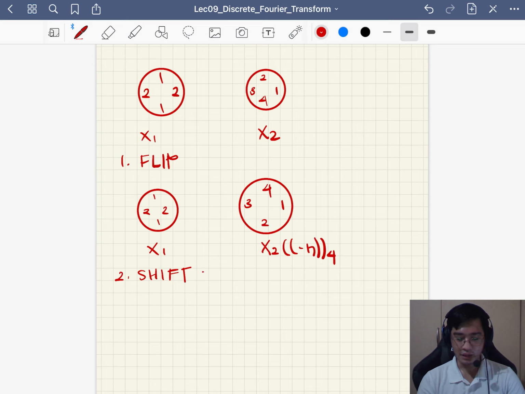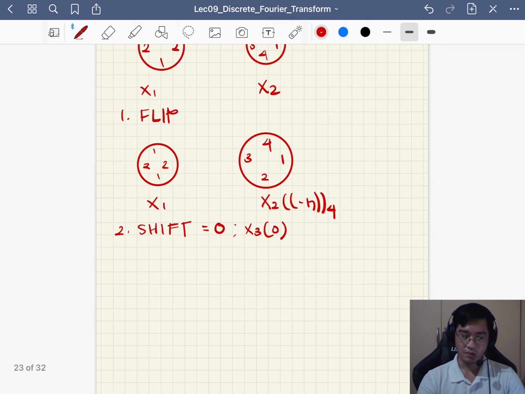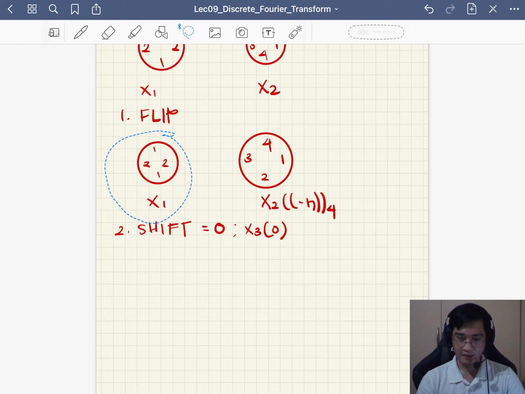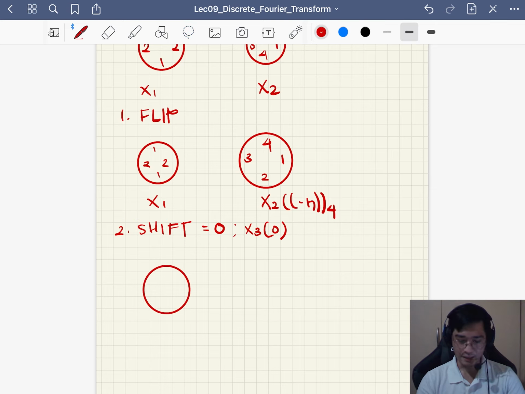For example, if shift is equal to 0, then we are getting x3 of 0. So we get x1 still, the same, 2, 1, 2, 1.